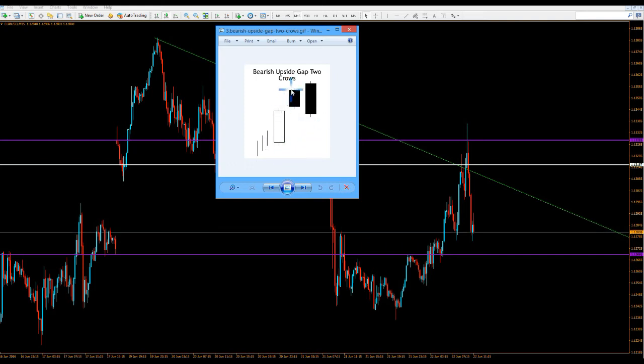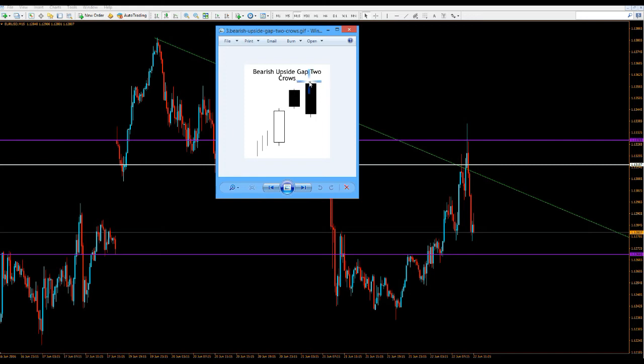But bears open above and close below. After this candle closed up here, the next candle opened with a huge gap here, and then tried to go up, as indicated by the candle wick, failed, was pushed down, trying to close the gap, and closed here.